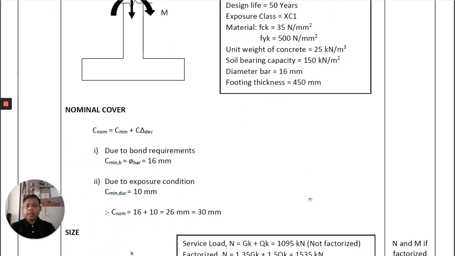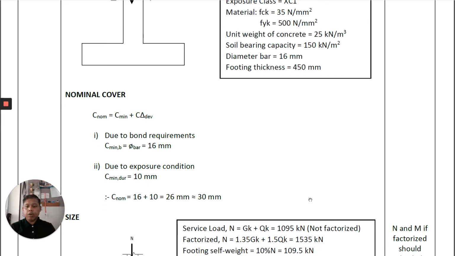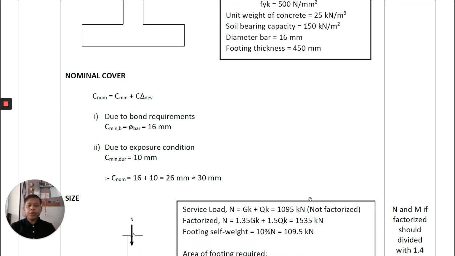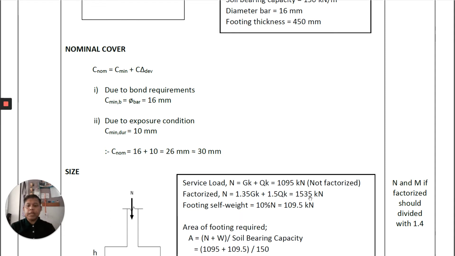The first thing that you have to do is calculate the nominal cover. In order to calculate the nominal cover for the footing, it is the same as what we have done in the simply supported beam, but the difference is you only have to calculate the C minimum due to two conditions, which are the bond requirement and also the exposure class.